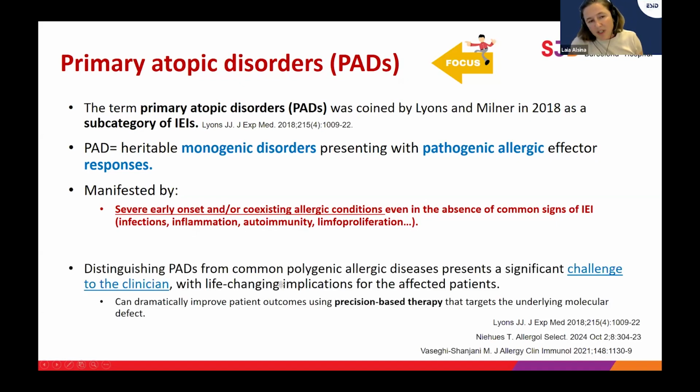So distinguishing primary atopic disorders from common polygenic allergic diseases is really an important challenge for the clinician. And it has really life-changing implications for the affected patients. For example, the transplantation that Andy was mentioning, and because we can really apply precision-based therapy to the target genetic disorder.